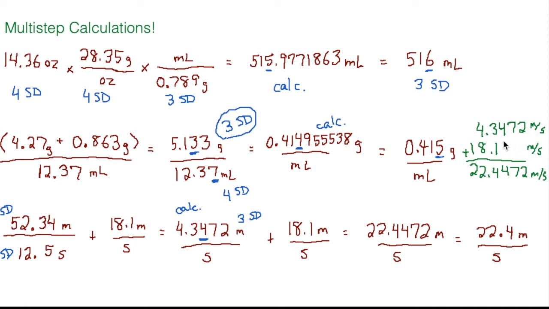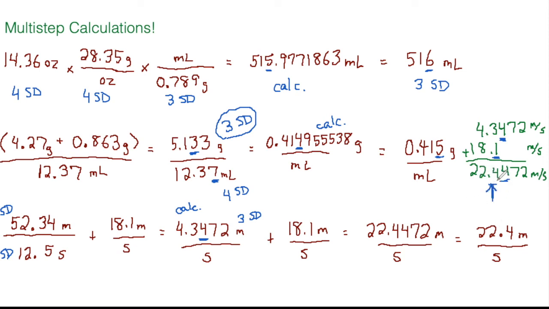We'll add 4.3472 meters per second, noting that our uncertain digit is here, the 3rd significant digit. And then we're adding that to 18.1 meters per second, which has uncertainty at the 1 past the decimal. Our result has uncertainty both 1 and 2 places past the decimal.